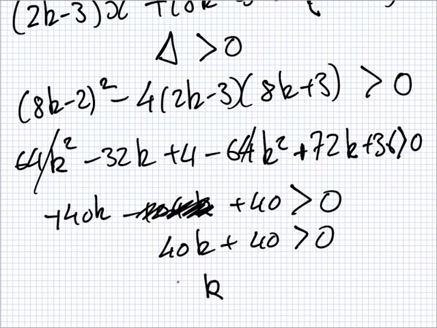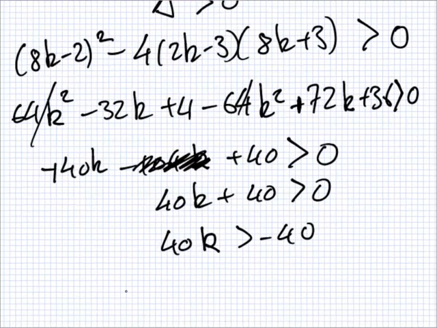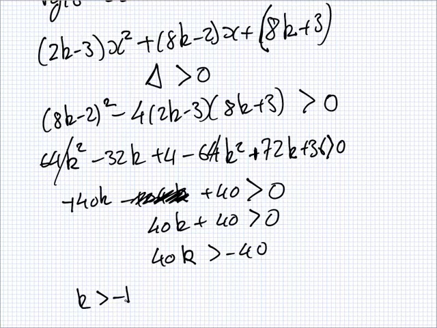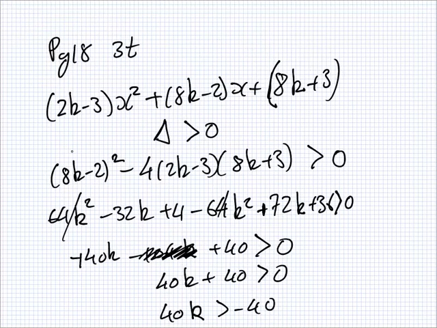So yeah, 40k is bigger than minus 40. So k is bigger than minus 1. But from this we know something about k. K is not 3 over 2.